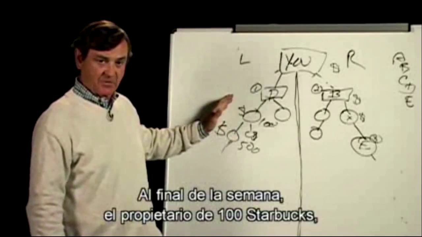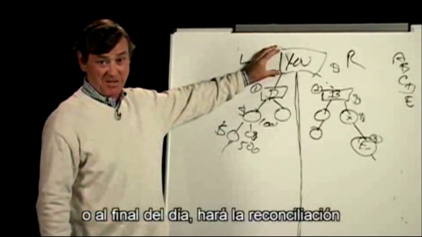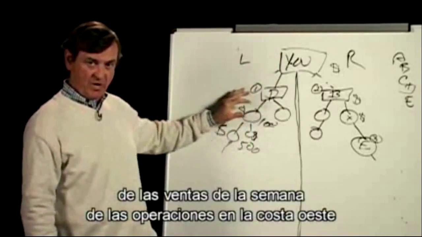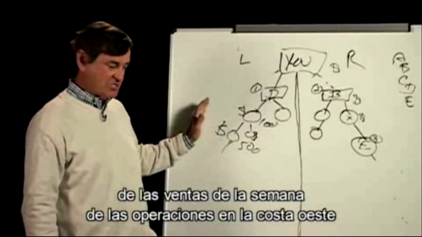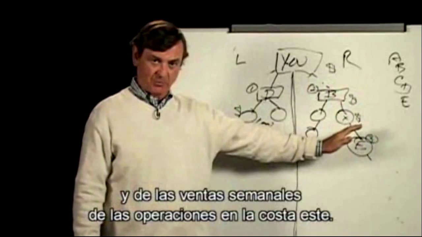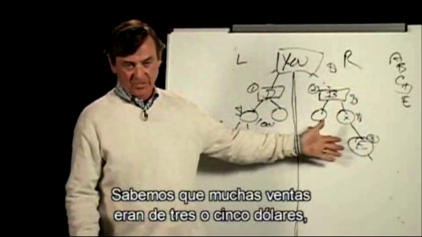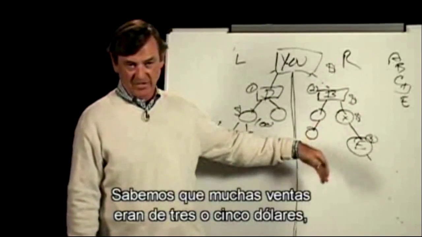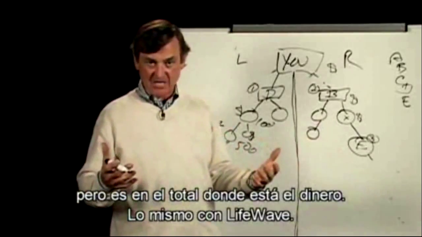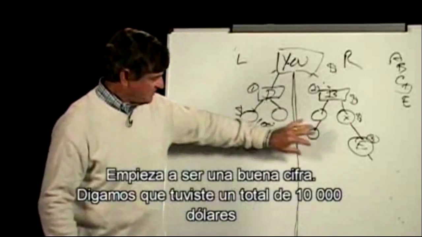At the end of the week, whoever owns 100 Starbucks, or maybe it's daily, they're going to reconcile what were my sales for the week of my West Coast operation and what were all the sales for the week of my East Coast operation. Knowing a lot of them were a $3 sale, a $5 sale, or whatever, it's the total of where the big money is. Same thing with Lifewave. So this is beginning to add up.